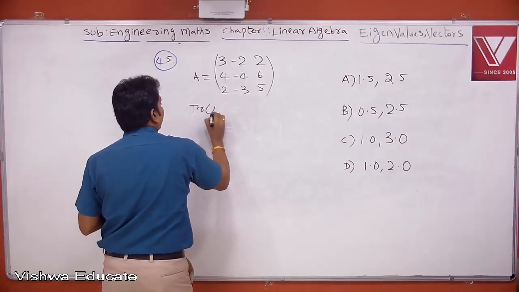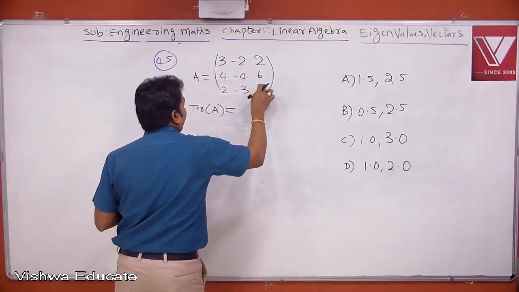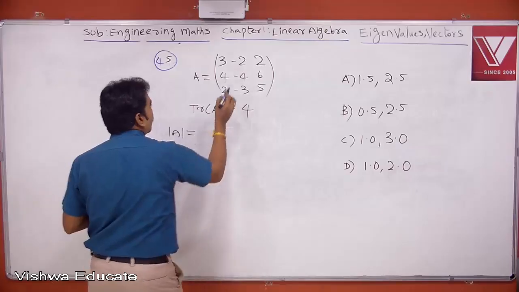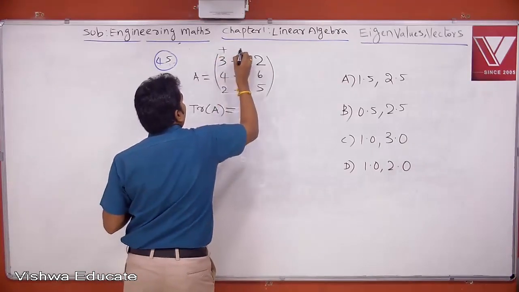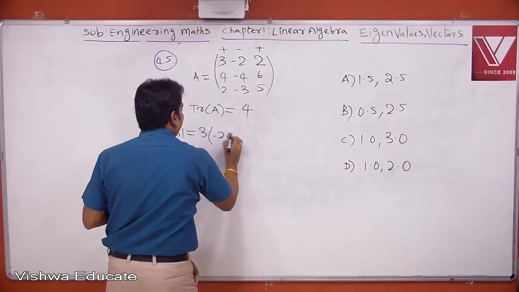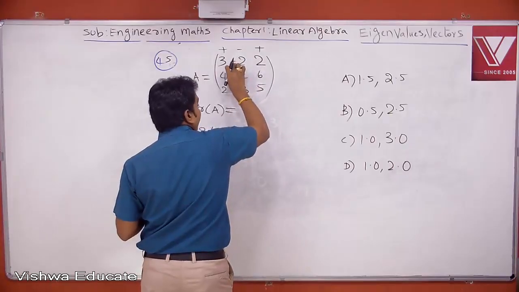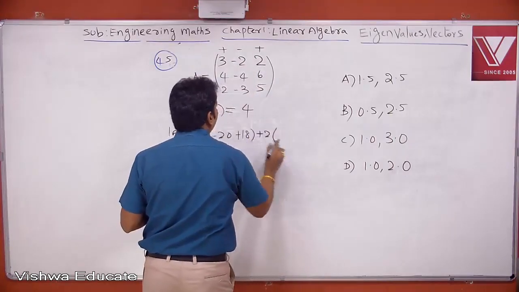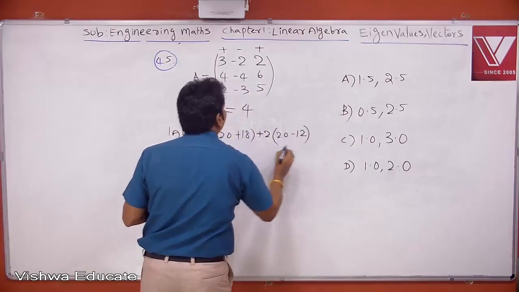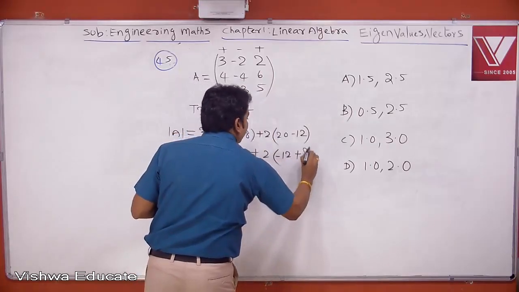The trace of this matrix is the sum of the diagonal elements: 3 plus 5 is 8, 8 minus 4 is 4. Let us calculate the det of this matrix using the first row, with signs plus, minus, plus. So 3 into (minus 20 plus 18), minus (minus) 2 into (20 minus 12), plus 2 into (minus 12 plus 8).